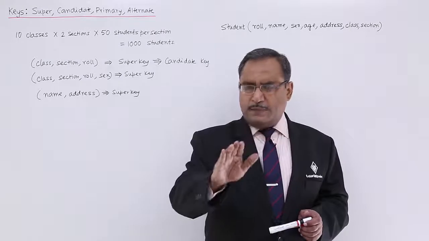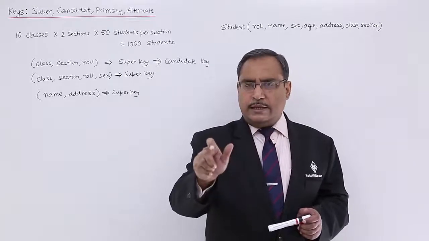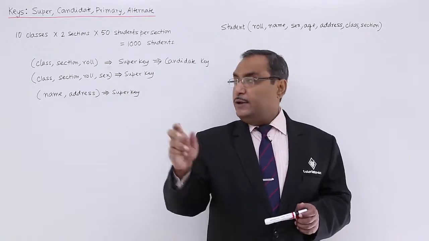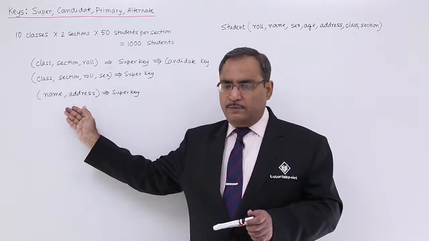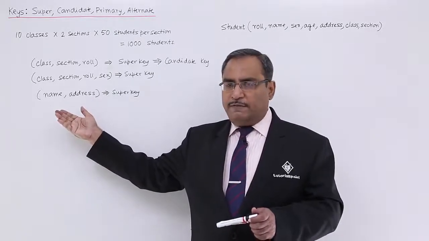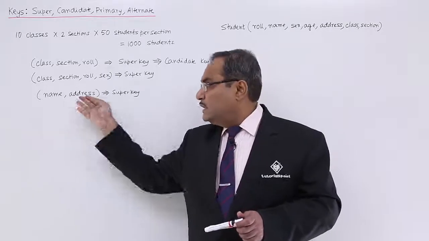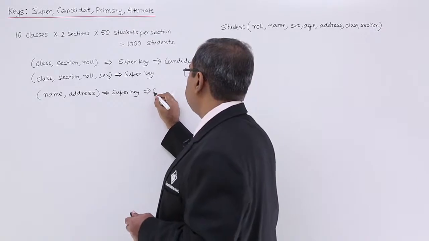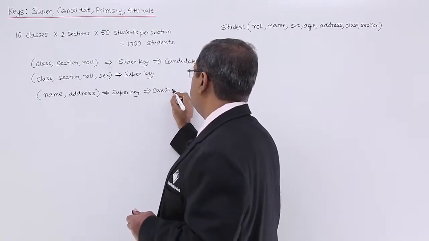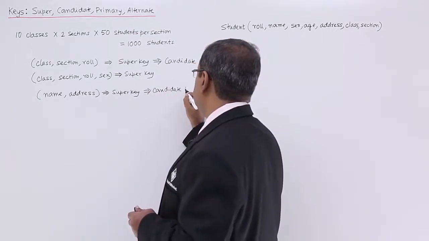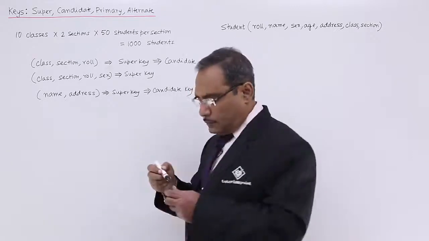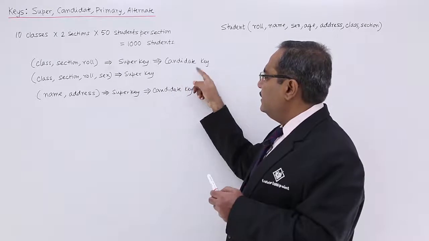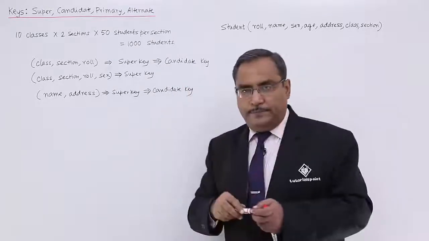For the sake of simplicity, I am just considering that name and address is also a super key, and you cannot eliminate any one of them, because in that case it cannot identify a student uniquely. So this combination is also a candidate key. So in this case, I am getting this candidate key here, and that is also another candidate key.